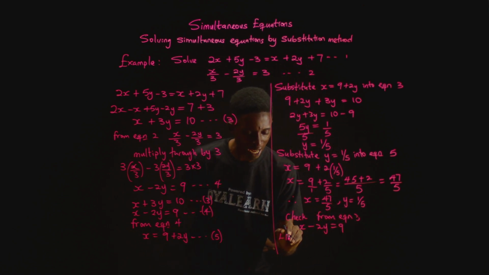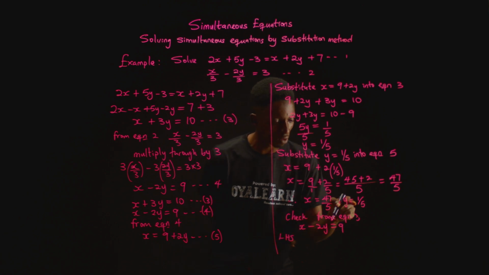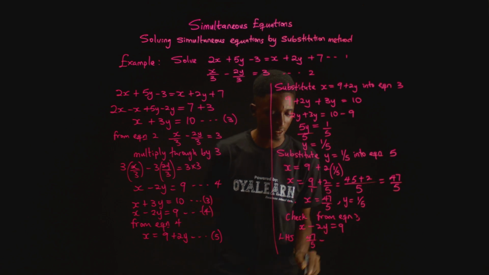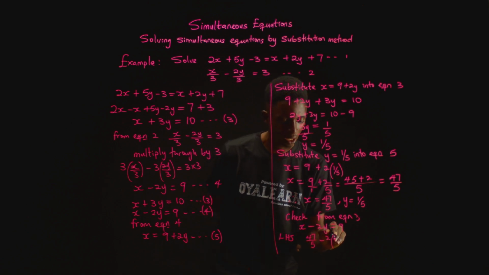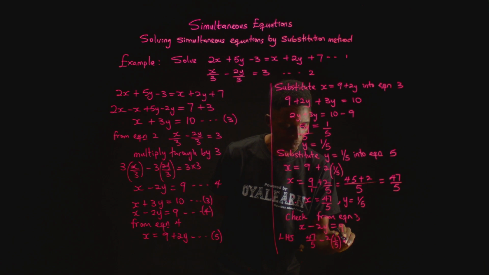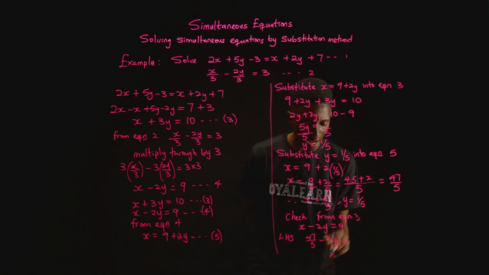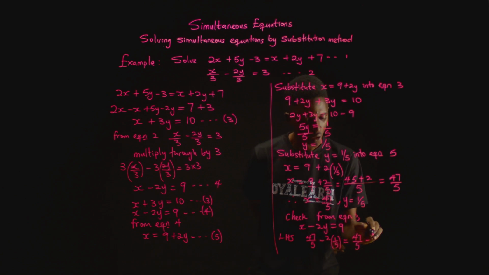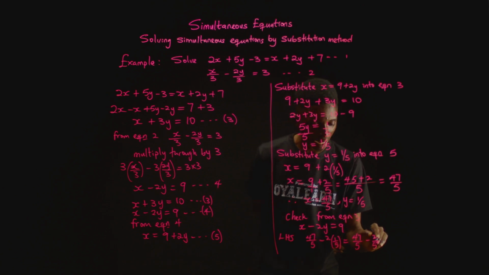So on our left hand side, in place of x, we would have 47 over 5 minus 2 into y, which is 1 over 5. And when we tidy this up, we would have 47 over 5 minus 2 over 5.